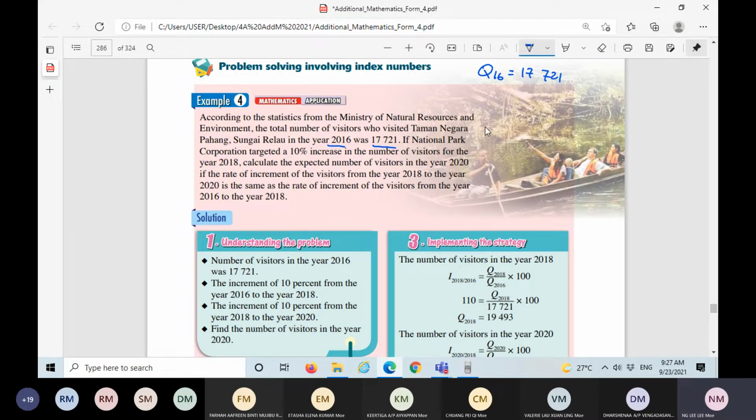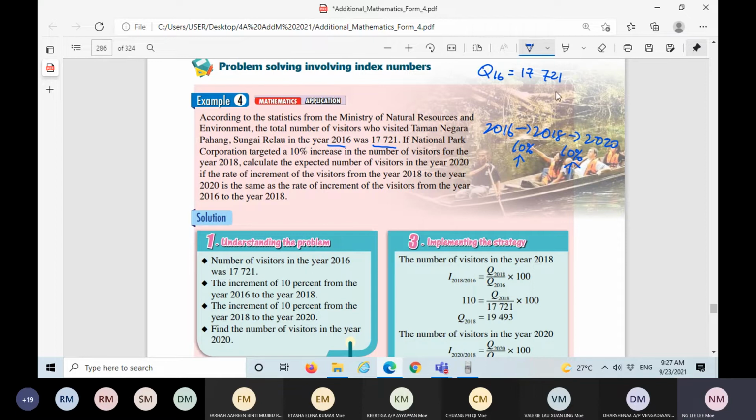You see 2016, 2018, and then 2020. This one is a 10% increase. From 18 to 20, they say the same rate, meaning another 10% increase. If you read through, you understand the story.